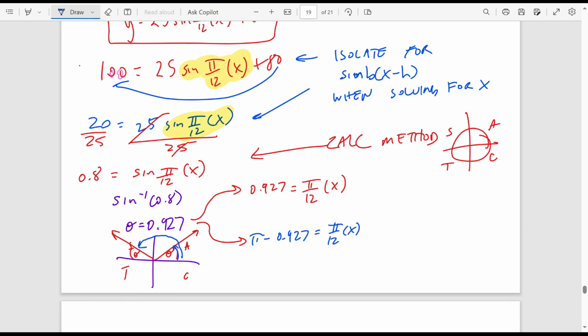Now let's use our calculators to be as accurate as possible, keeping with our decimals. I can write out 3.142 minus 0.927, and let's stick with the decimal land here.